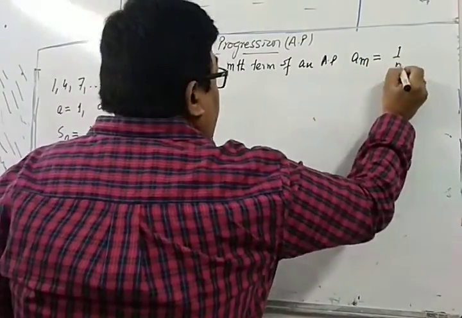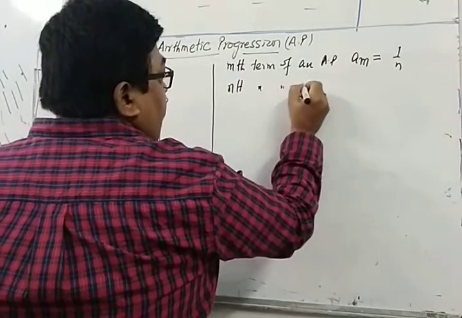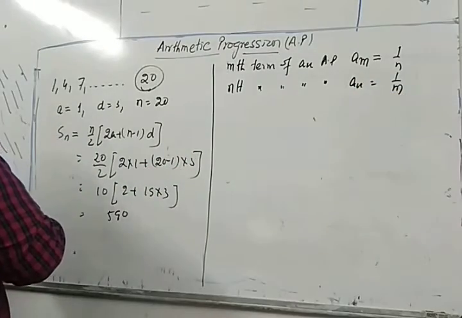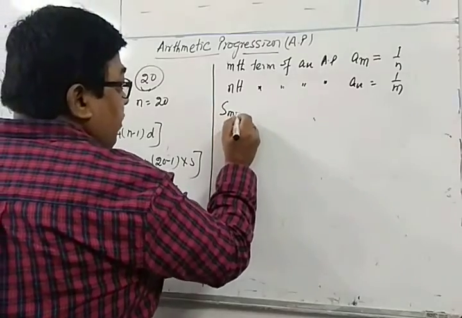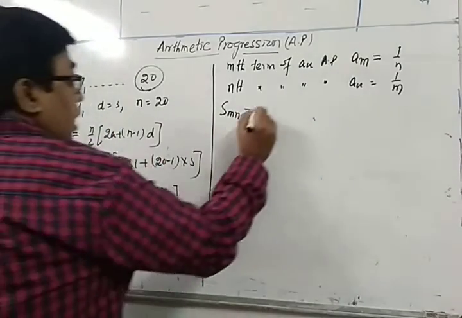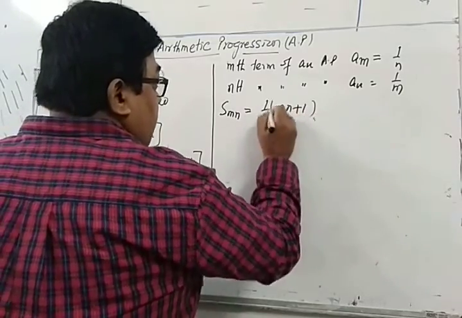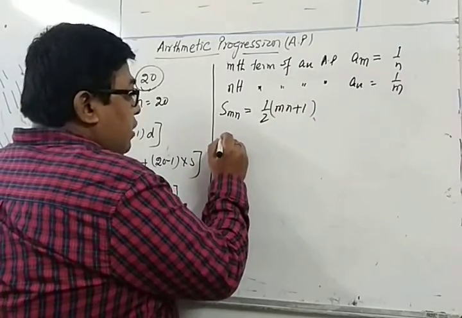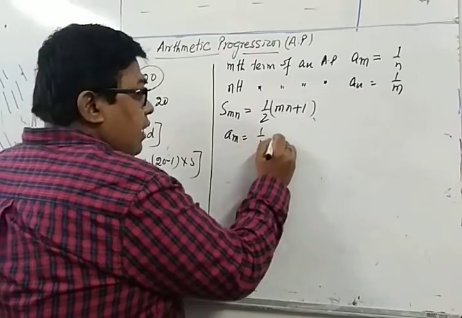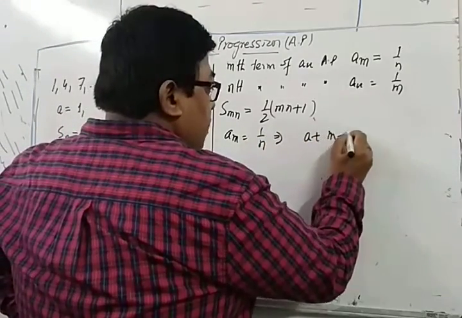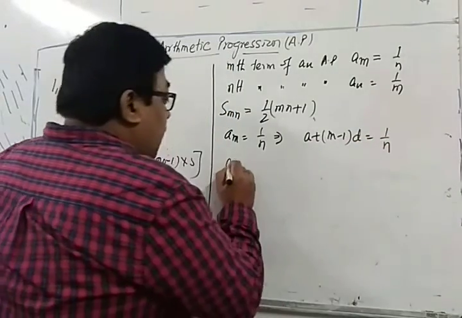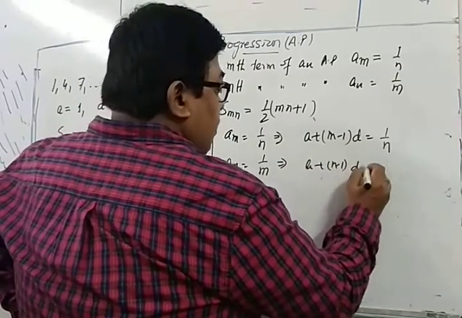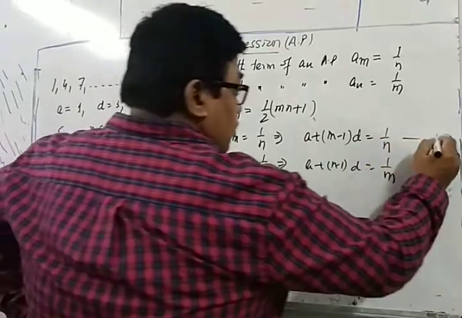Show that the sum of mn terms, S_mn, is equal to (1 upon 2)(mn plus 1). Again the same situation applies here. We take the first condition, a_m is equal to 1 upon n. It means a plus (m minus 1) d is equal to 1 upon n, and a_n is equal to 1 upon m, that means a plus (n minus 1) d is equal to 1 upon m. These are equations 1 and 2.